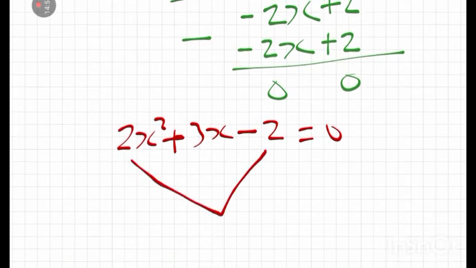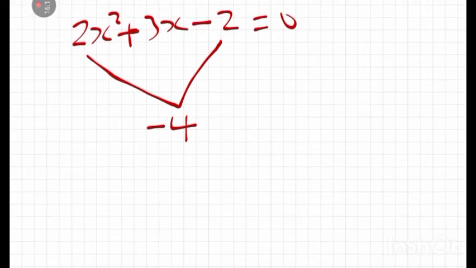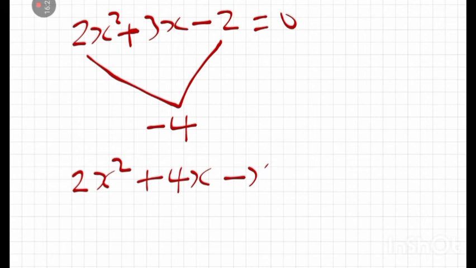So we do this. 2 times minus 2, I have minus 4. What are the factors of minus 4 that will give me plus 3? They are plus 4 and minus 1. So I have 2x squared plus 4x minus x minus 2 is equal to 0.